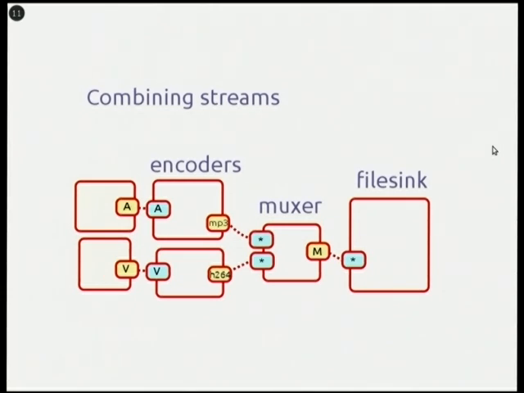Anyway, one slightly more complicated thing you can do is combine streams together. So you take audio maybe from the microphone, and video, and encode them both, and then mux them. Muxing involves taking snippets, kind of interleaving 2 different streams.